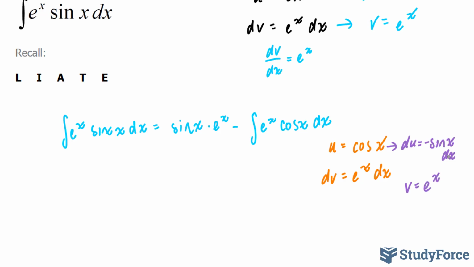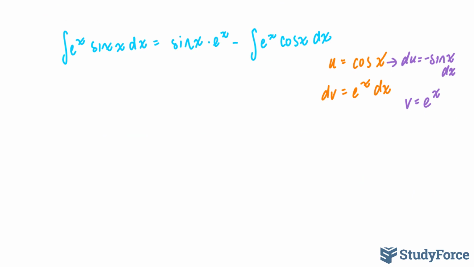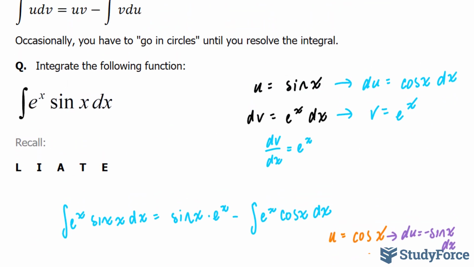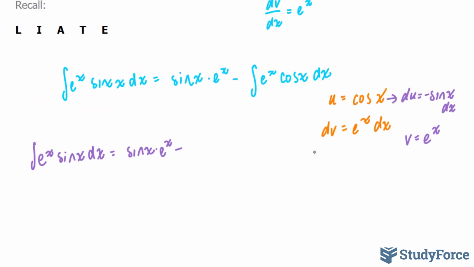So I'm going to do the exact same thing that I did originally, but this time only for this part. So I'm going to rewrite this whole thing, minus, I'm going to use this formula once again over here.